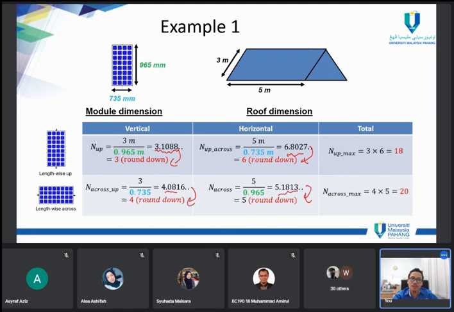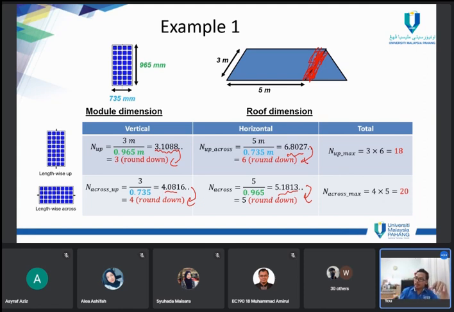The logic is if you round up, the next module will come out over the roof, so it's not the proper way. That's why we round it down by considering not to install the extra modules, just to make sure that all our modules are fitted on the space of that roof.